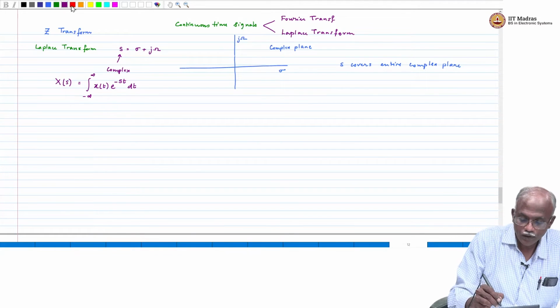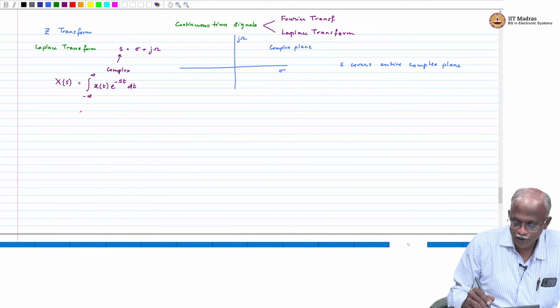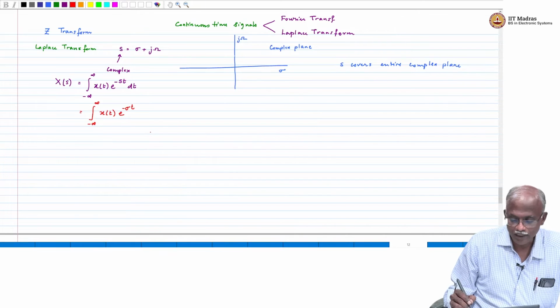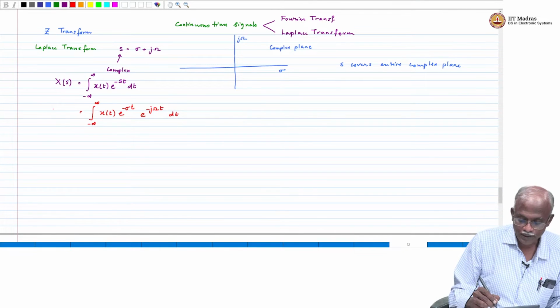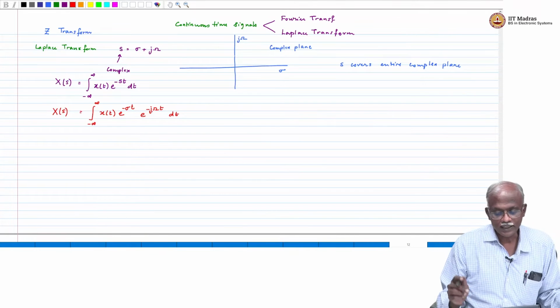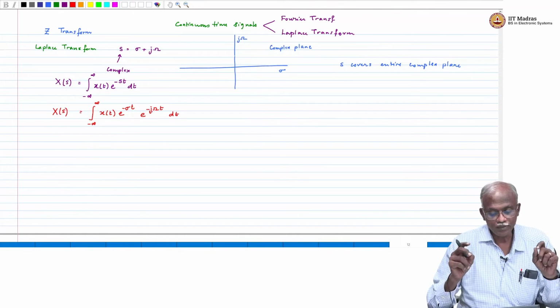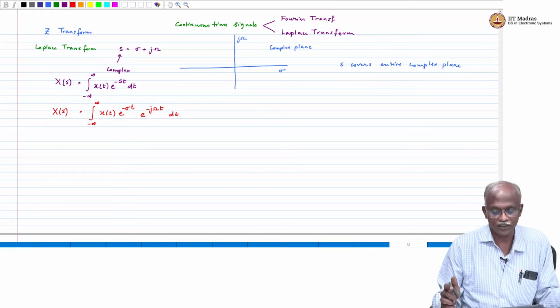Now, just for a moment, substitute for s: the integral from minus infinity to infinity of x of t e power minus sigma t e power minus j omega t dt. With this expression for x of s, are you able to see that the Fourier transform is a special case of the Laplace transform?